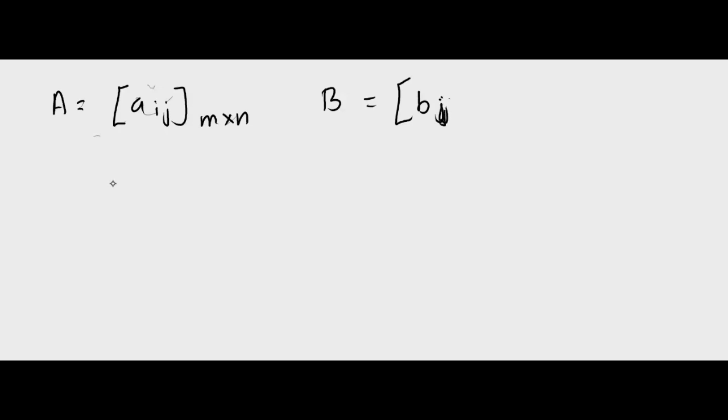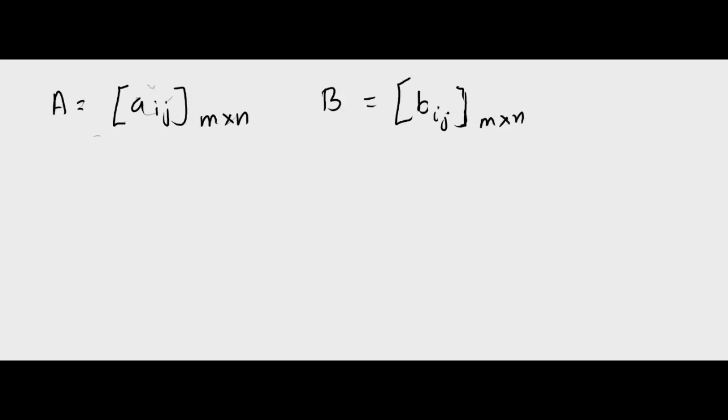Operation of matrices, addition of matrices. Let A equal Aij, an m by n matrix, and B equal Bij, an m by n matrix.